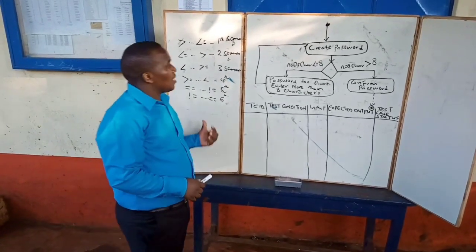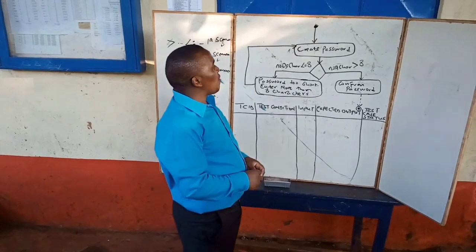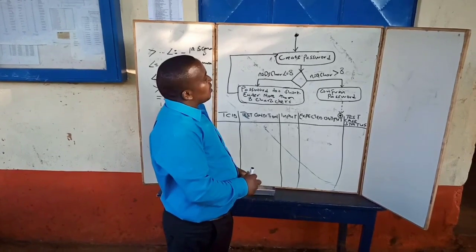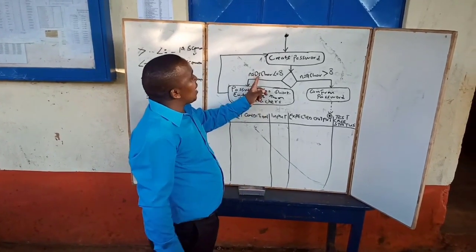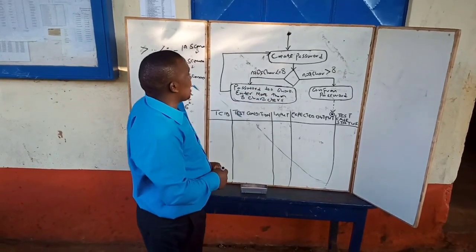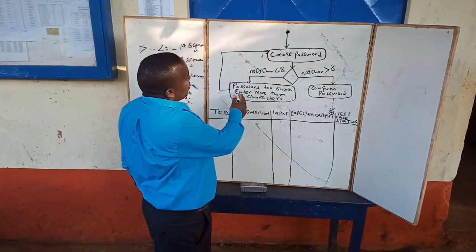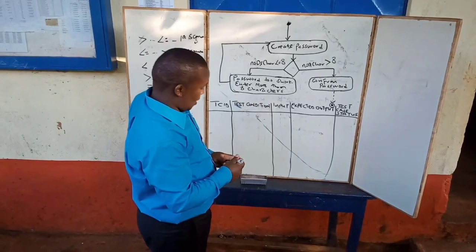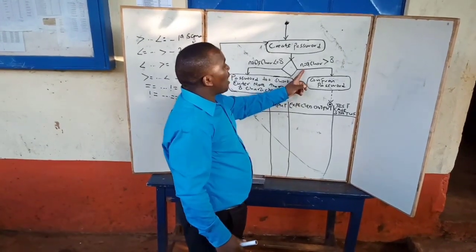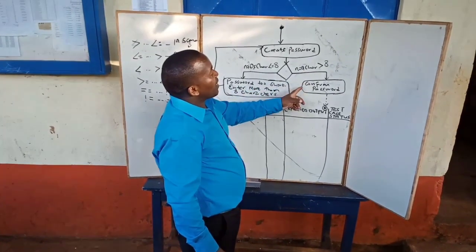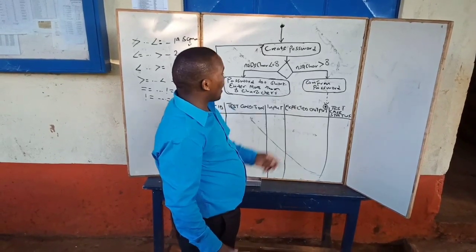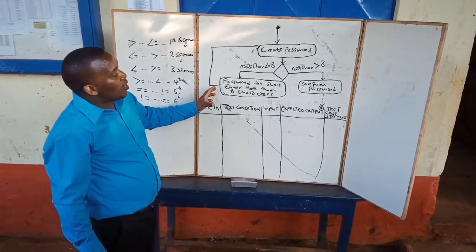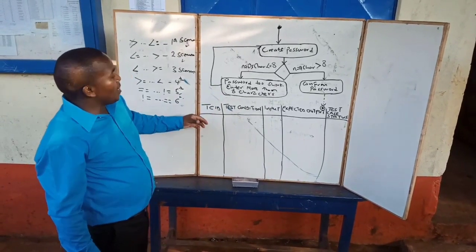To explain the above scenario, suppose you have a system to create a password. The first condition, number of chars is less than or equal to 8, and the expected output is password too short, enter more than 8 characters. Then the second condition, number of chars is greater than 8, the expected output is confirm password. The question is, how will our output look like? That is the test case design.